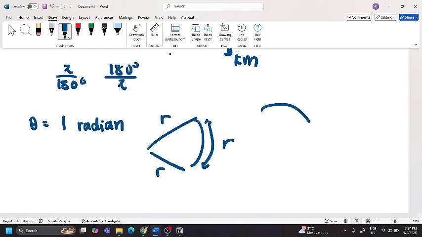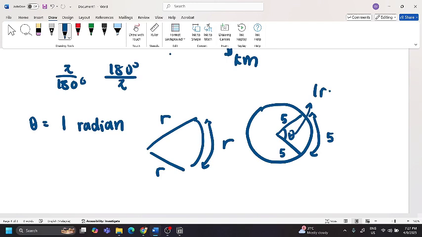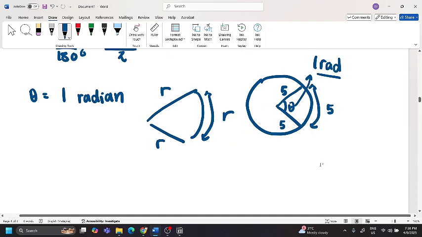For example, you have a circle and then you draw a sector. Your radius is 5 cm, and when you calculate, the arc length is also 5 cm. When your arc length is equal to your radius, your angle is called 1 radian.